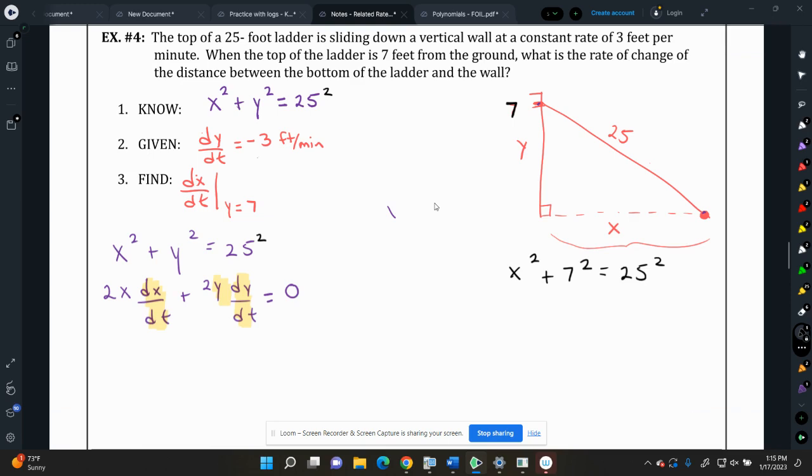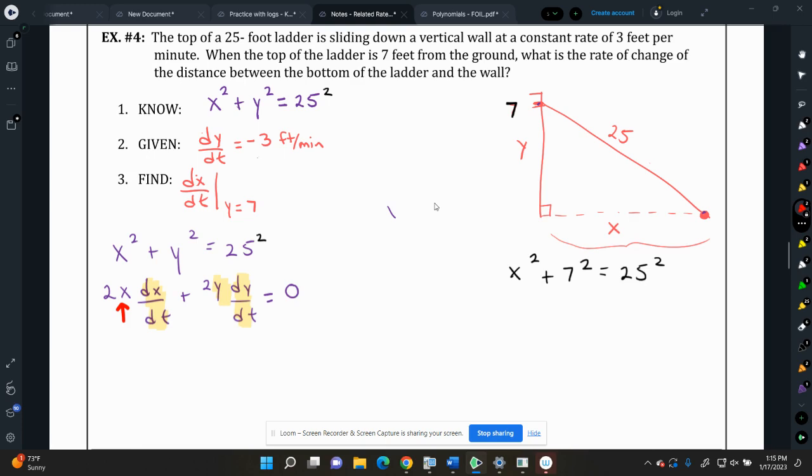Good question. When we looked at what we knew, we discovered that we don't know x. We need x, because we're trying to find dx/dt. We know y and we know dy/dt. So now we have to work over to the side and figure out what x is.